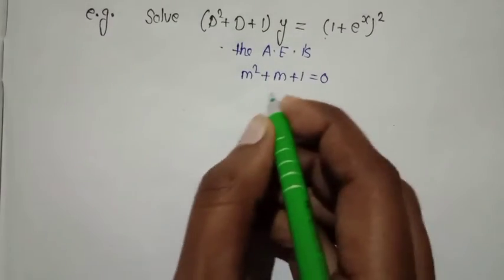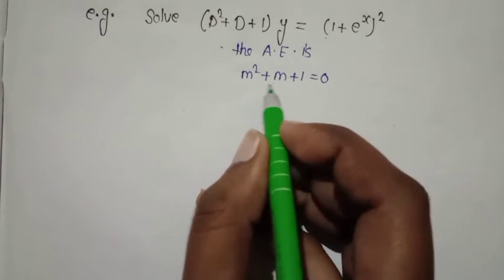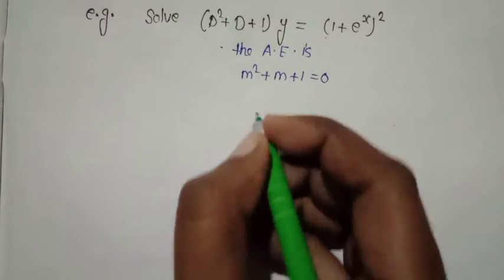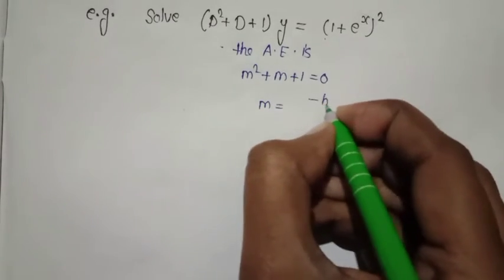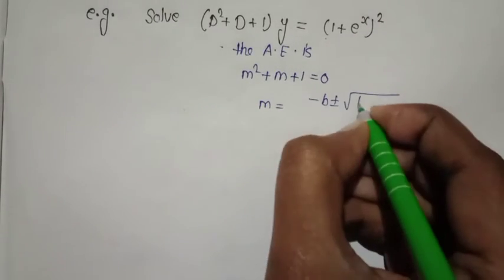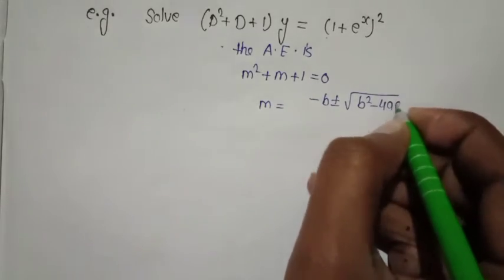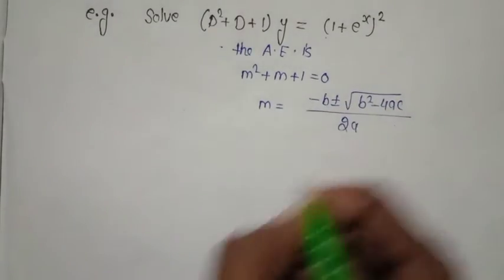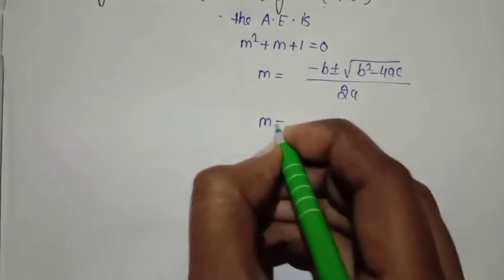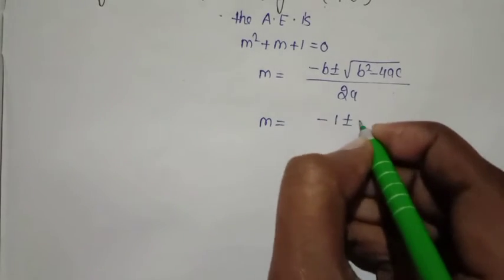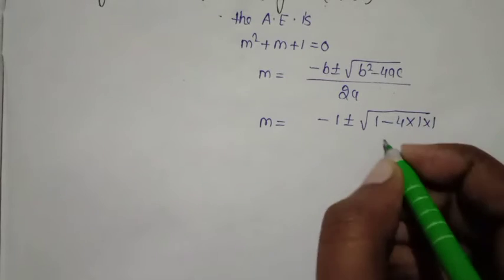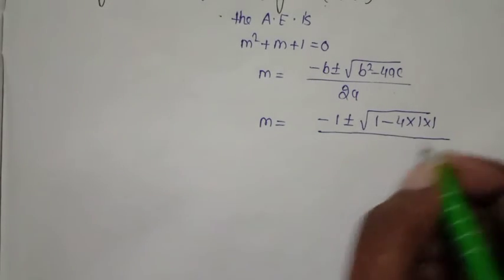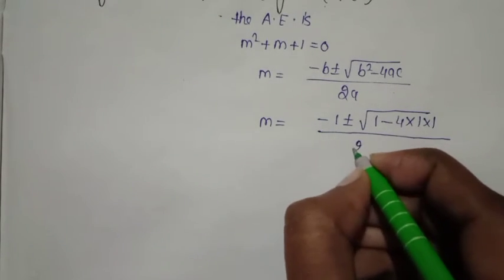Now we can see that we cannot find the factors of this equation by the factorization method. So we will apply our next method, that is M is equal to minus b plus minus under root b square minus 4ac by 2a. If we apply this method, then we get M is equal to minus 1 plus minus under root of 1 minus 4 into 1 into 1, because a and c both are 1, upon 2 into 1.